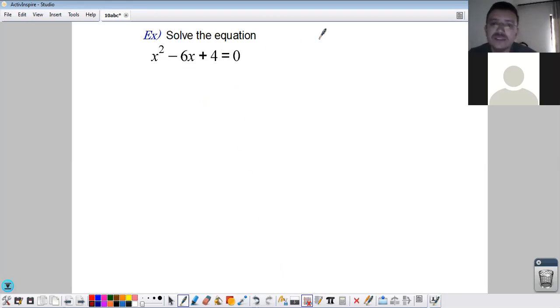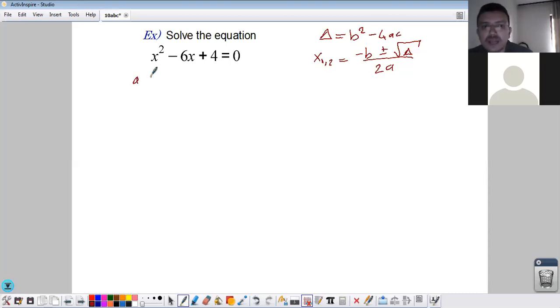For this kind of cases, we are using the discriminant formula. B squared minus 4ac, and the two results that we might have, x1, 2, minus b plus or minus square root discriminant over 2a. So what are these a, b, c numbers?